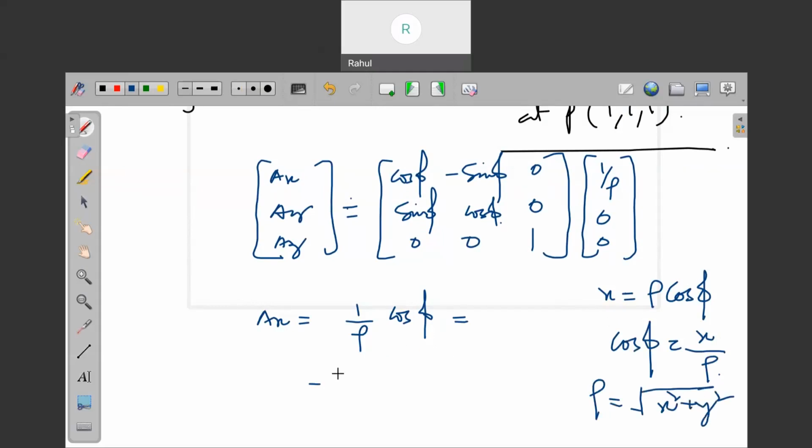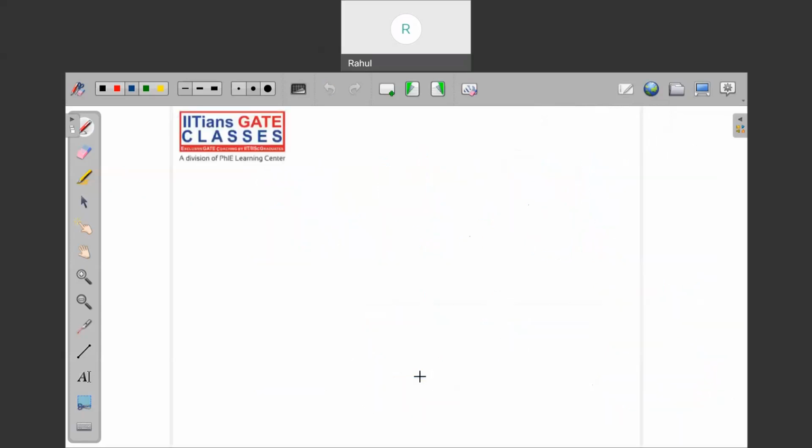So you will get x upon rho square, which means x square plus y square. So A x is equal to x upon x square plus y square. And similarly, you will get the A y component as well.